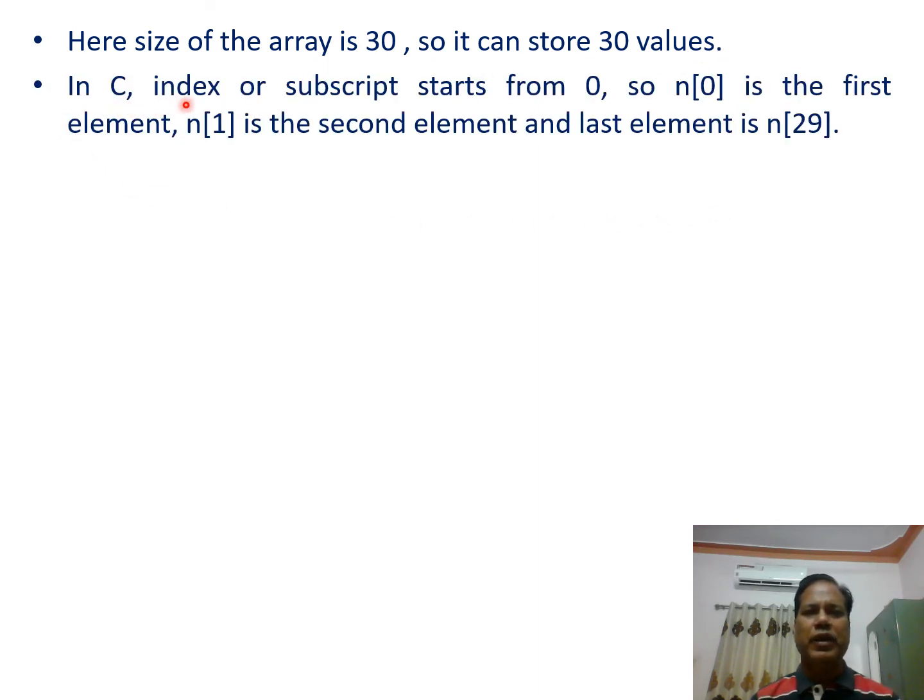In C, the index or subscript starts from 0. So n[0] is the first element, n[1] is the second element, and the last element is n[29]. Whenever we write n[0] like this, without writing the data type and the semicolon at the end, it indicates an element of the array.